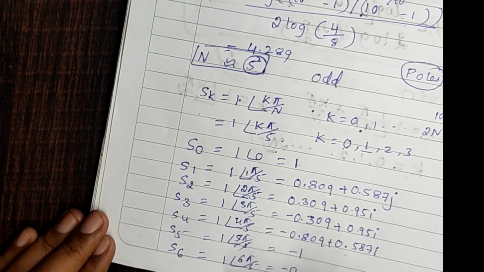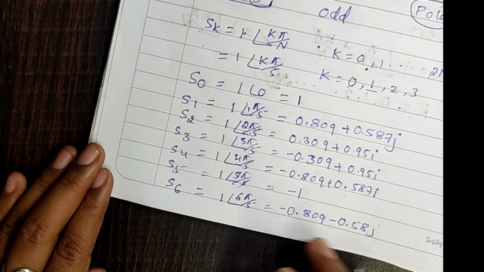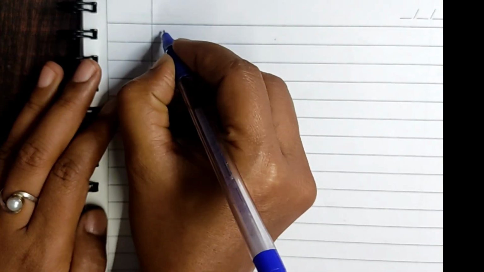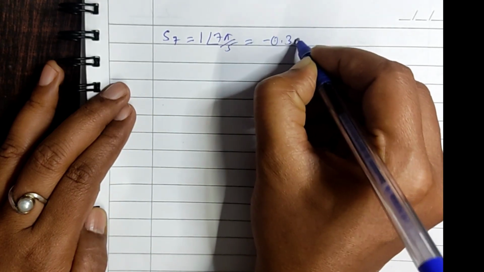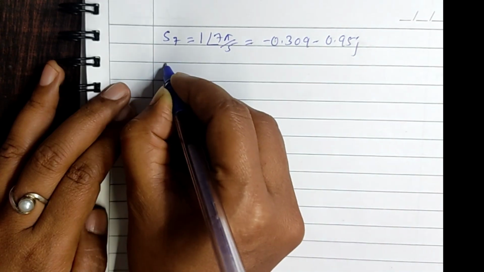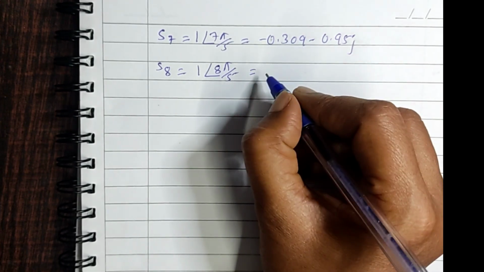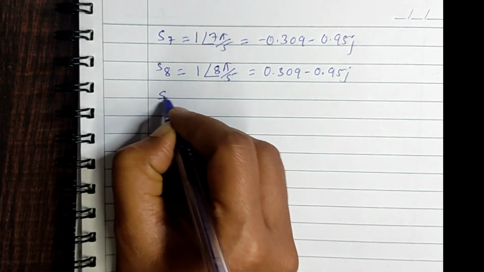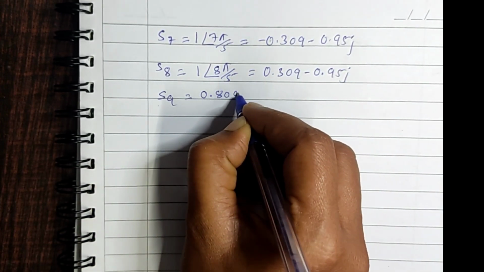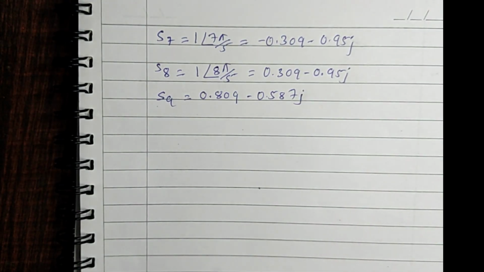Its answer is minus 0.809 minus 0.58 J. S7 is equal to 1 at an angle 7 pi by 5, which is minus 0.309 minus 0.95 J. S8 is equal to 1 at an angle 8 pi by 5, which is 0.309 minus 0.95 J. S9 is equal to 0.809 minus 0.587 J. Now we have to check which all lie on the left side.